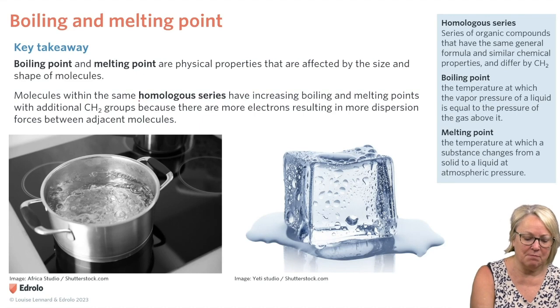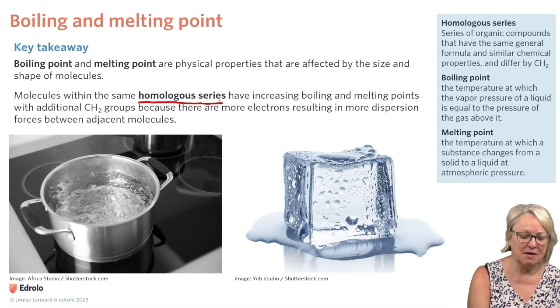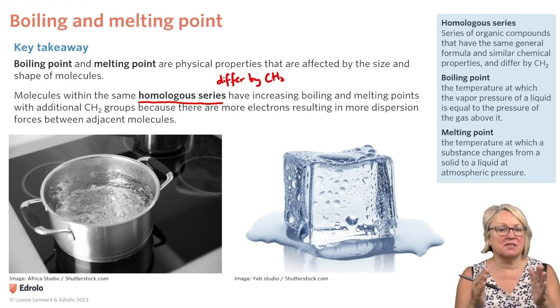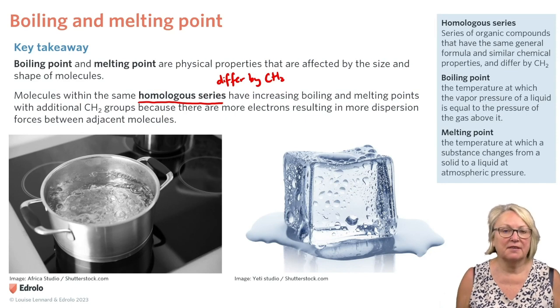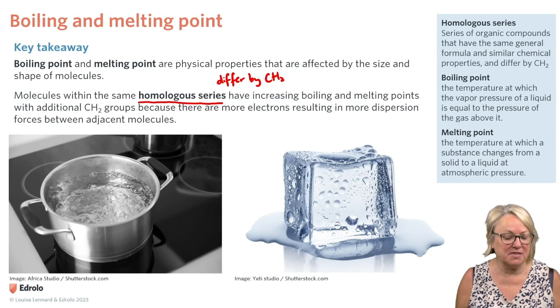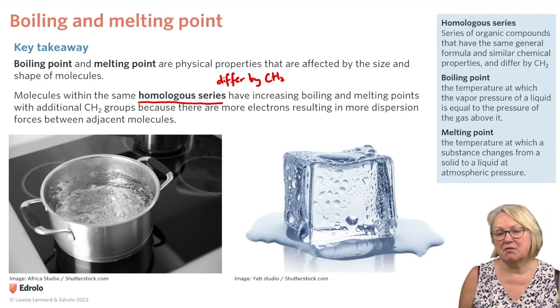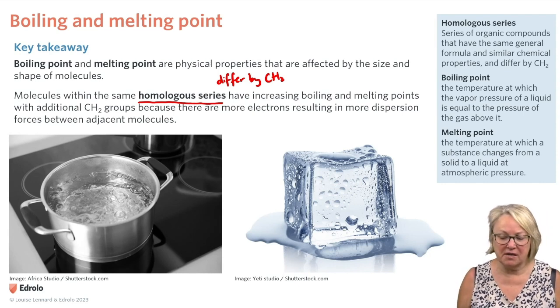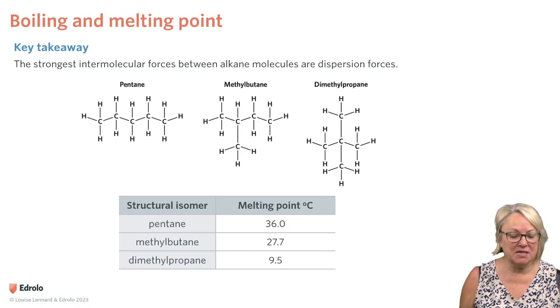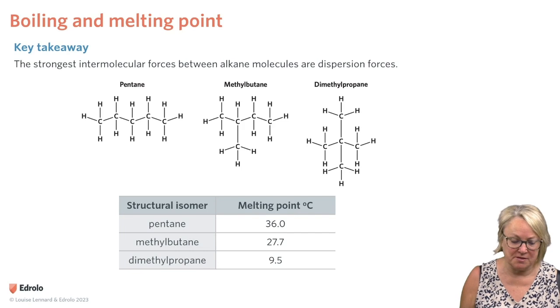Molecules within the same homologous series, that means a family of molecules that differ by CH2, have increasing boiling and melting points as the carbon chain gets longer, with the addition of CH2, because there are more electrons, resulting in more dispersion forces between adjacent molecules. So the strongest intermolecular forces between alkane molecules are dispersion forces.